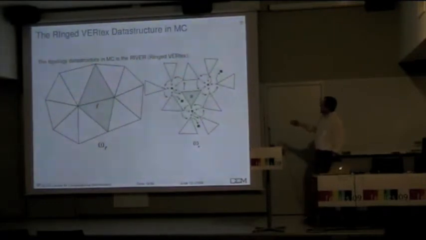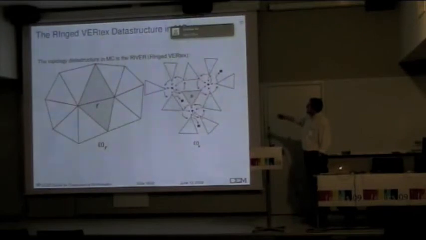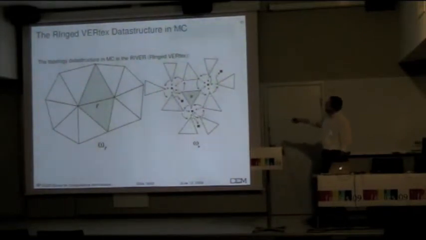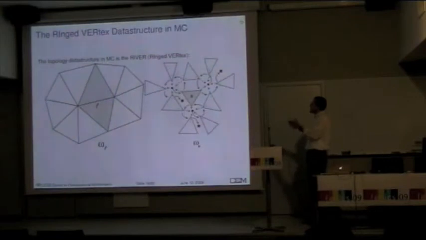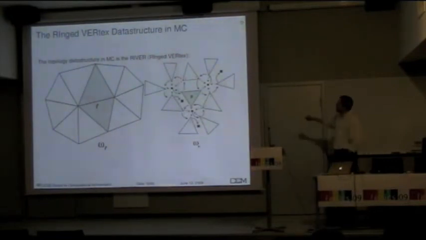And so for example, if I want to get the edge neighbor in this two-dimensional triangulation, then what I do is I intersect these two simplex rings. And if this is three-dimensional and I want to get a face neighbor, then I intersect the three simplex rings.